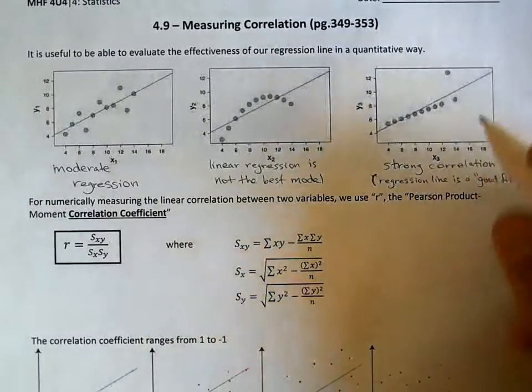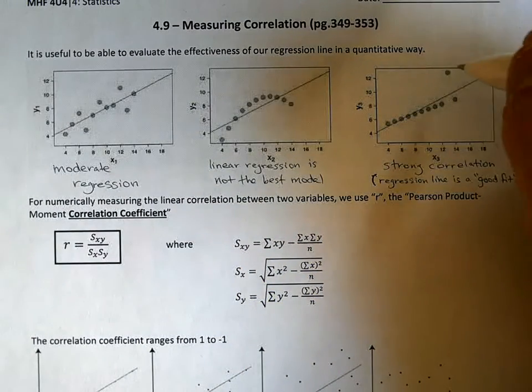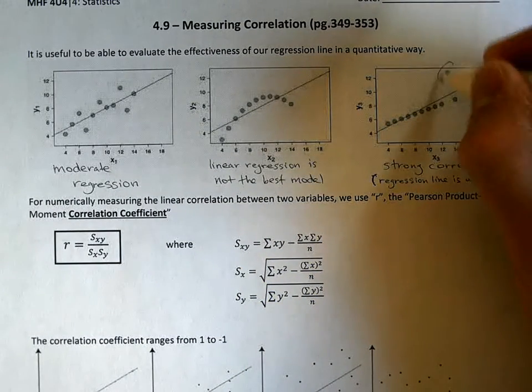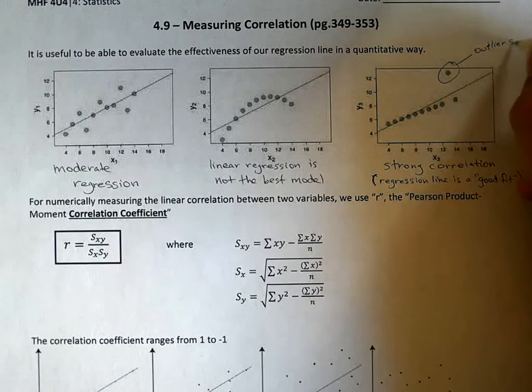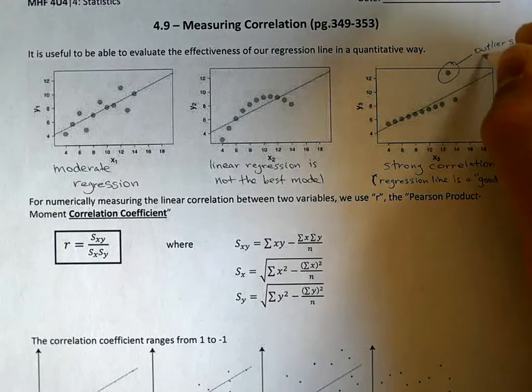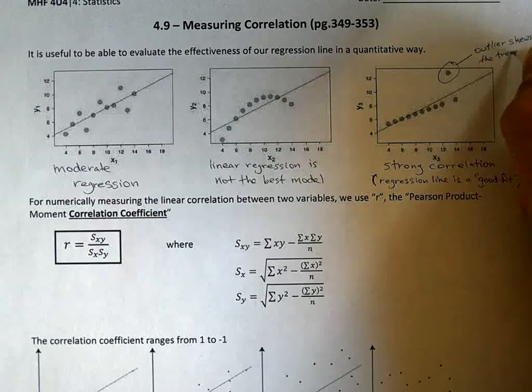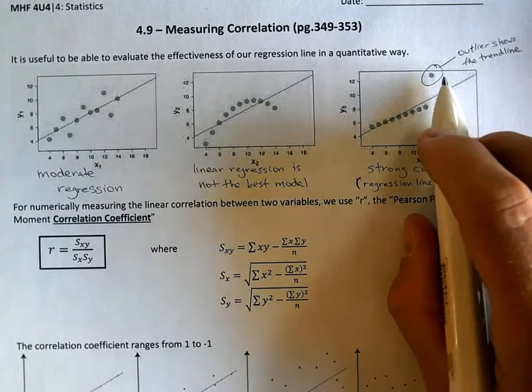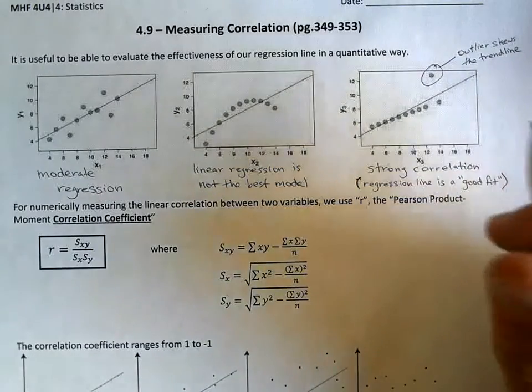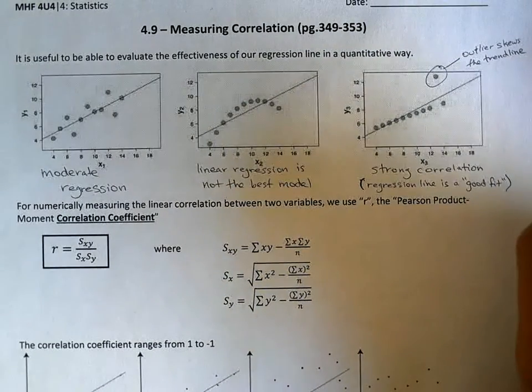You can see that, unfortunately, this outlier slightly skews the trend line, or the regression line. But if I can't explain away the outlier, then it is part of my data set and it does affect the trend line.